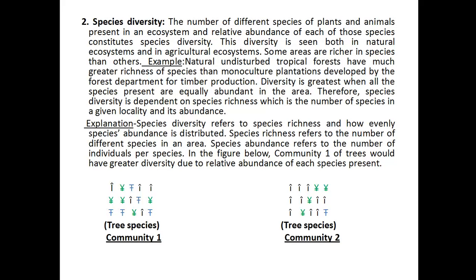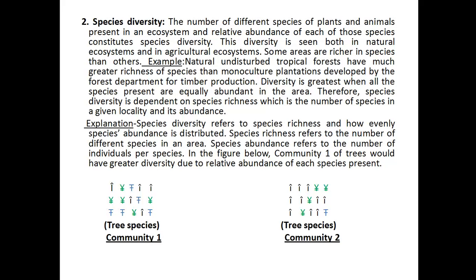Next, number 2 is species diversity. The number of different species of plants and animals present in an ecosystem and relative abundance of each of these species constitutes species diversity. This diversity is seen both in natural ecosystems and in agricultural ecosystems.